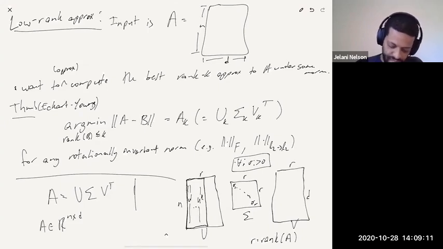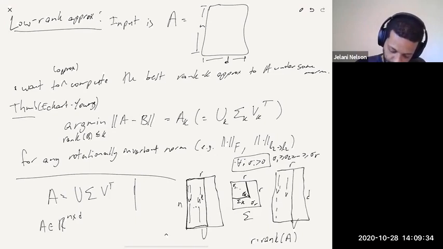And sigma_K means I only take the top K singular values. Again, sigma 1 is greater than or equal to sigma 2 is greater than or equal to, and so on, so they're sorted in descending order. So I only take the top K singular values, that's sigma_K. And similarly for V, I only take the first K.